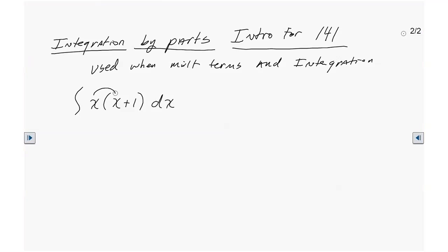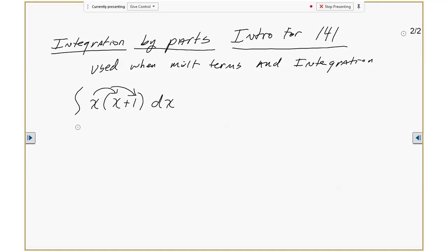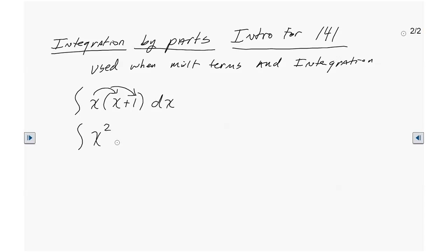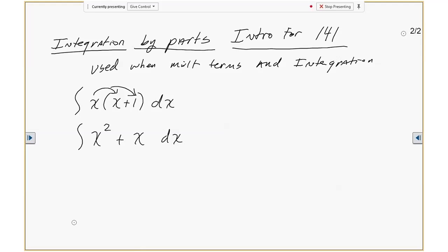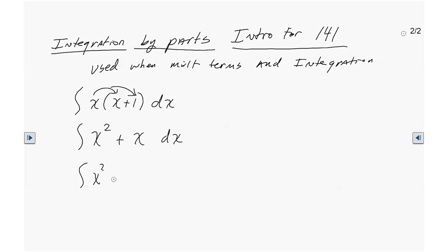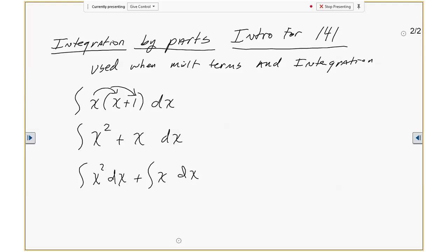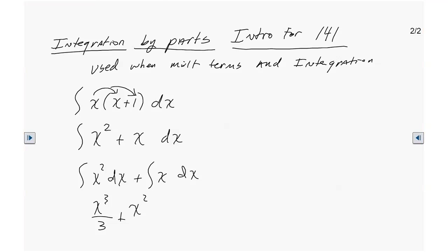And with the rule of integration, you get x to the third over 3 plus x squared over 2 plus c.